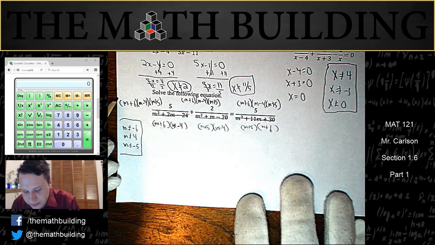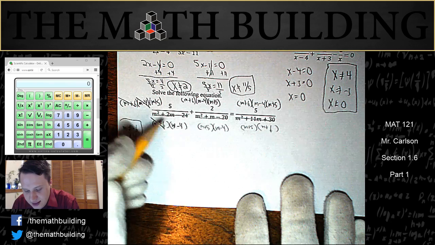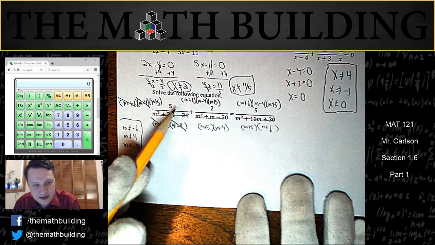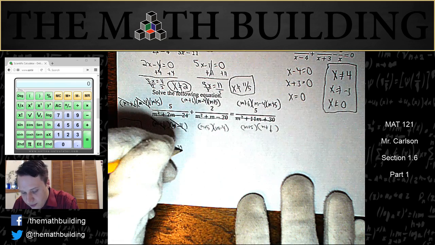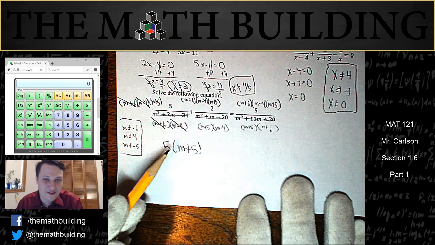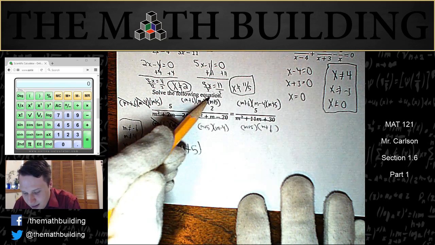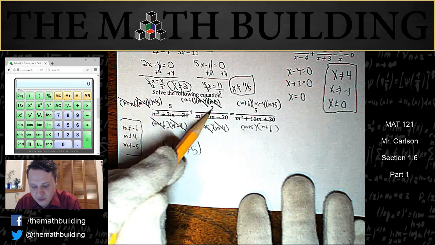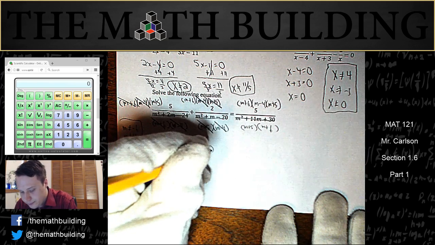On the first term, m plus 6 cancels, m minus 4 cancels, so I'm just left with m plus 5 and a 5, which is 5 times m plus 5. Easy as that. On the next one, m plus 5 cancels, m minus 4 cancels, so I'm just left with m plus 6 times 2.